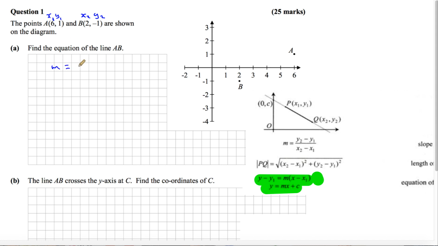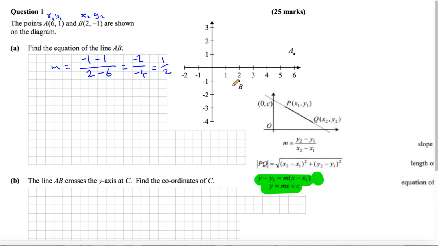So the slope is equal to y2, which is minus 1, minus y1, which is 1, over x2, which is 2, minus x1, which is 6. And I work this out in the calculator or in your head, so that's minus 2 over minus 4, which is a half.